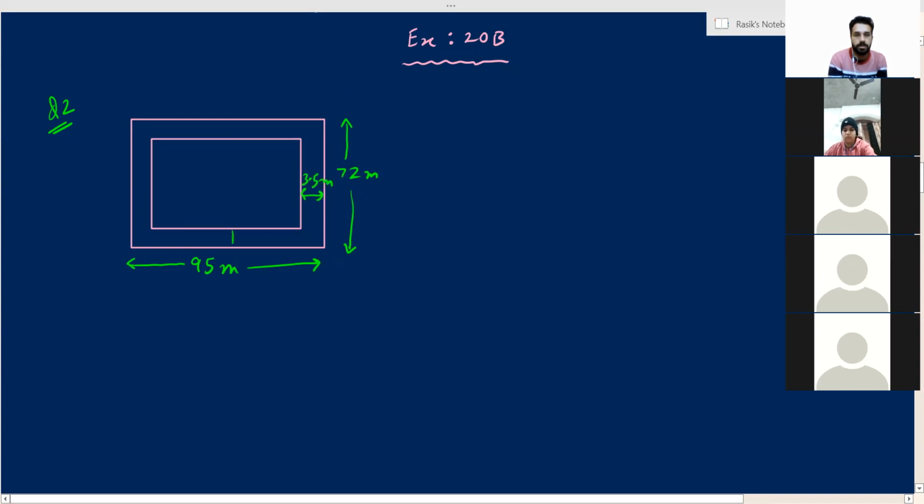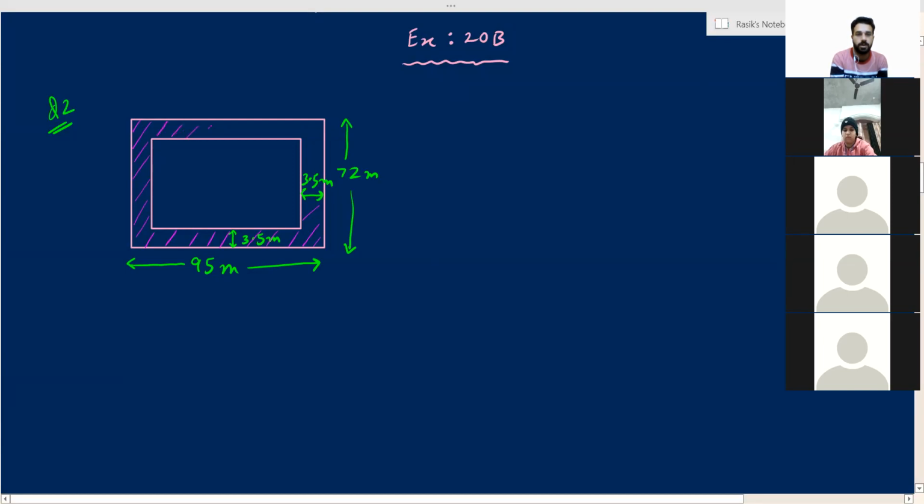3.5 meters. Now, again, we have to find the cost of constructing the path, and one more thing is there in this question. That is, we have to also find the cost of laying the grass in the inner portion of the field of the plot.